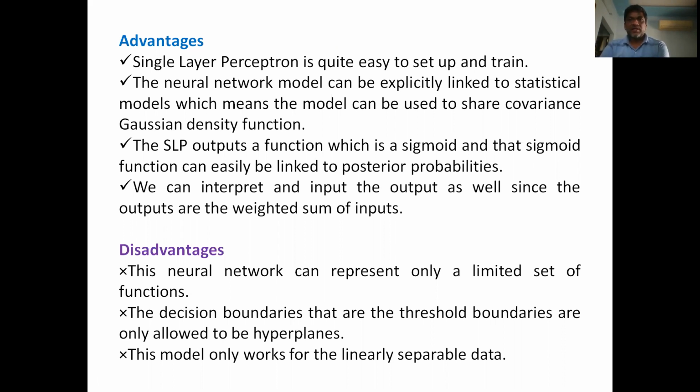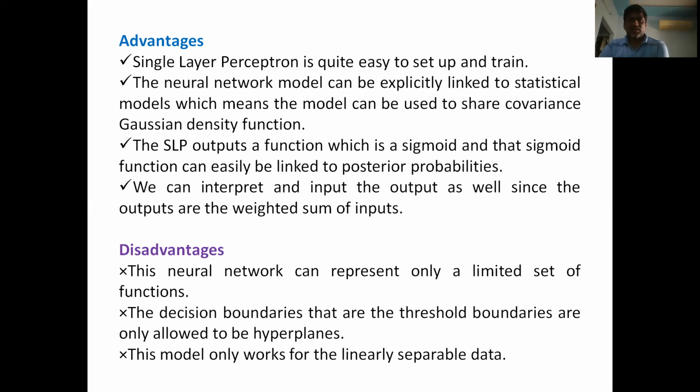And the second advantage is the neural network can be explicitly linked to statistical models, which means the model can be used to share the function, that is the covariance Gaussian density function, across the statistical models. The third advantage is the single layer perceptron outputs a function which is a sigmoid, and the sigmoid function can easily be linked to the posterior probabilities, as we saw in the given example.